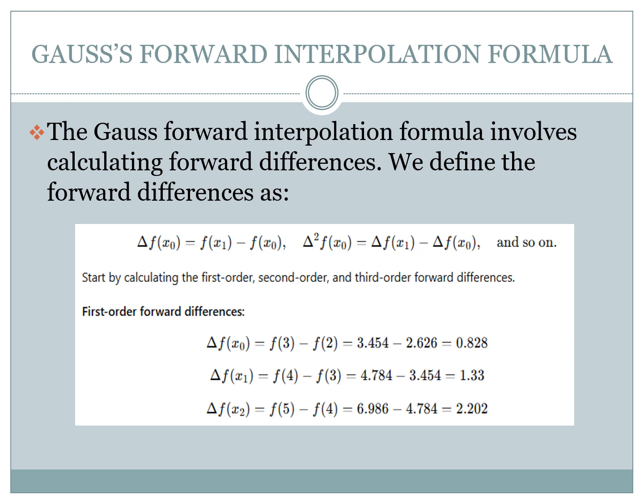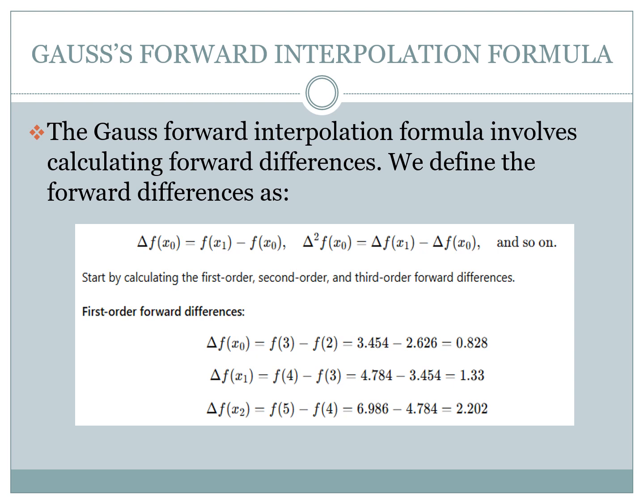Similarly, now we have to find the delta f of x1. That is the difference between f of 3 and f of 4. The f of 4 value is 4.784 and f of 3 value is 3.454. So 4.784 minus 3.454 equals 1.33. Next, we have to find out the delta f of x2.